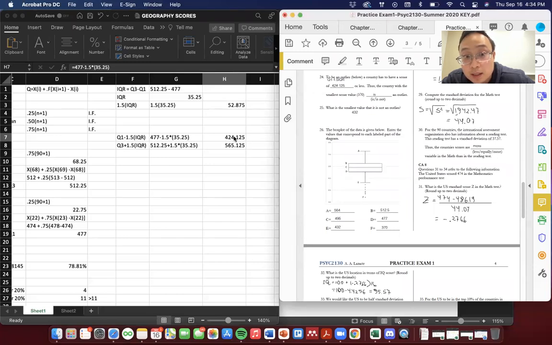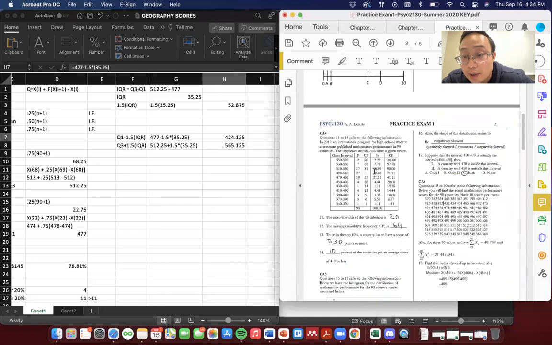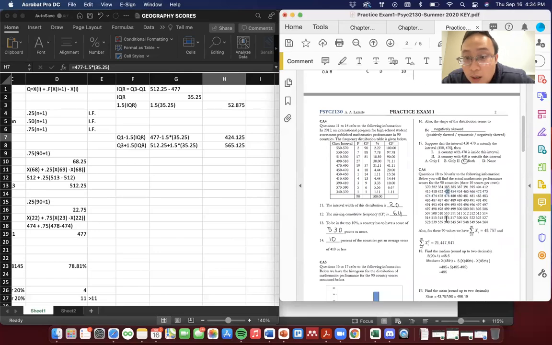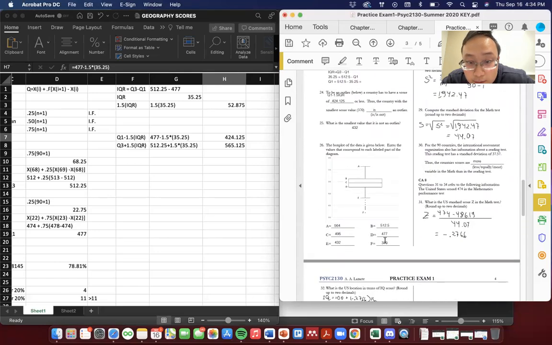So below 424.125, all outliers, all dots. The first data point above this is E, and the first data point above 424 is 432. So our E is 432, right?